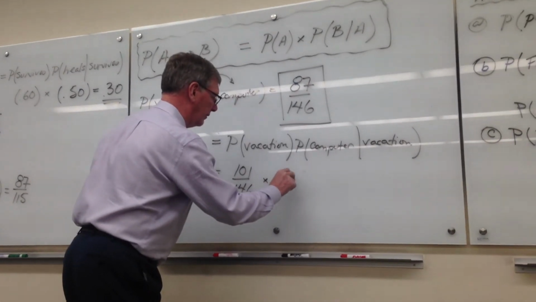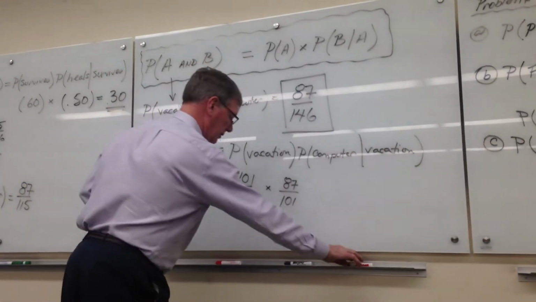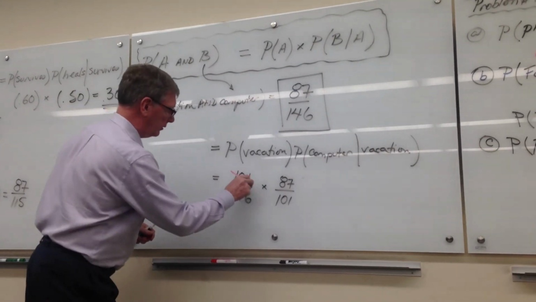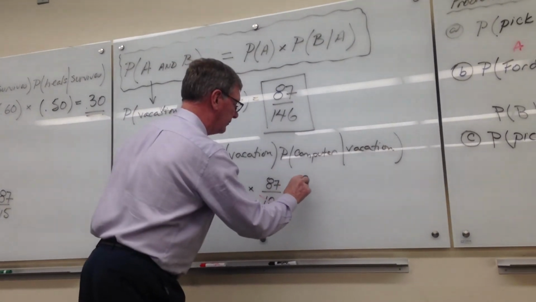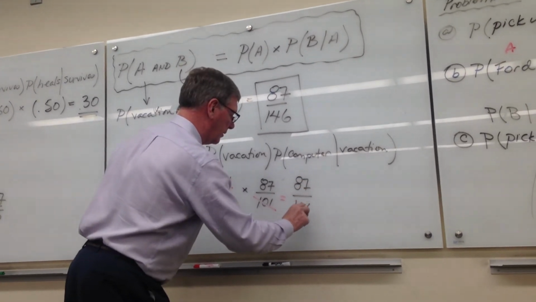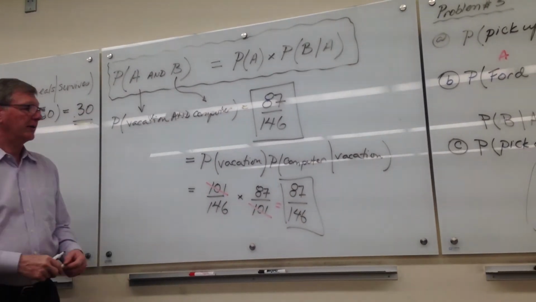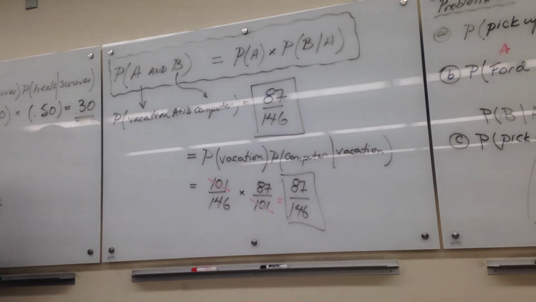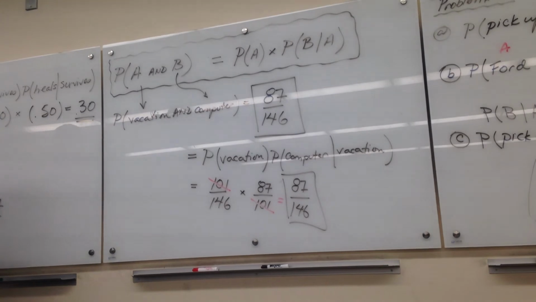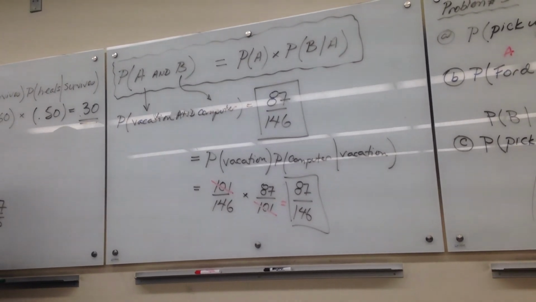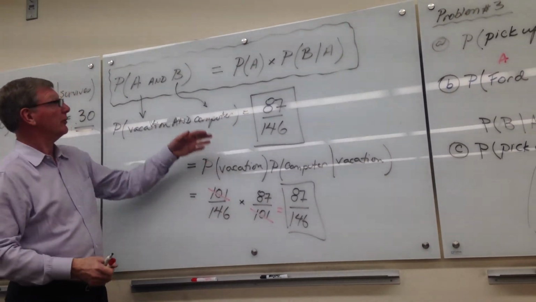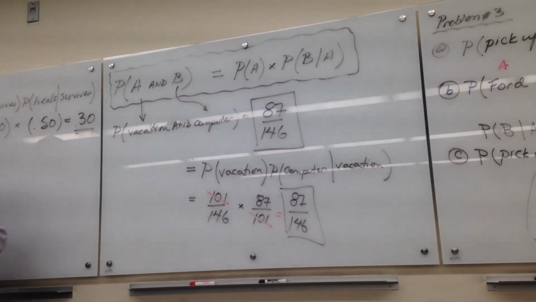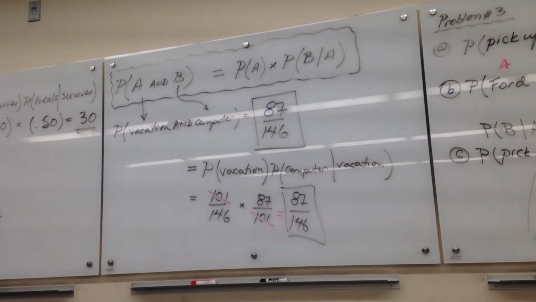So that's times 87 out of the 101. There's no great magic, but it just verifies that the rule will give us the same answer, because sometimes you're not going to have the whole grid. You're not going to have a two-way contingency table. It might be written in words like it was in the Ford problem, or the one about the heart surgery, but the rule works regardless of whether or not I have the grid. That makes sense to everybody?